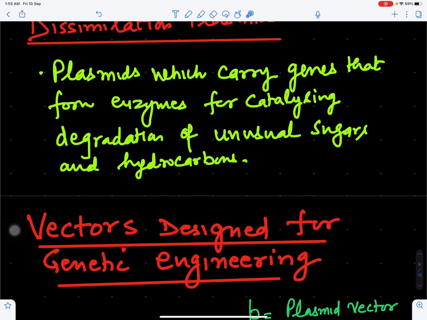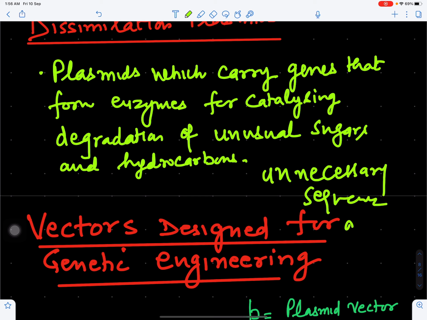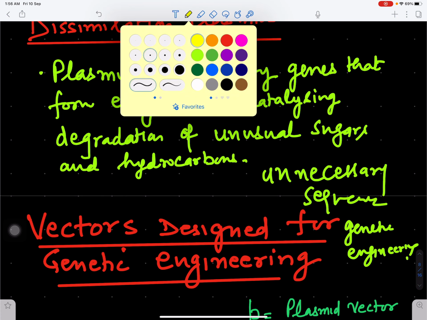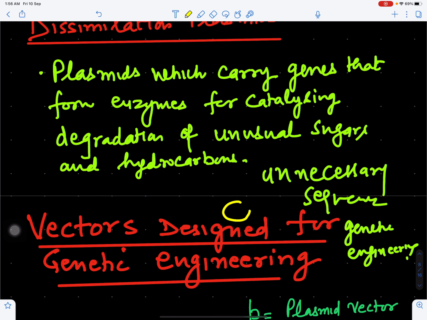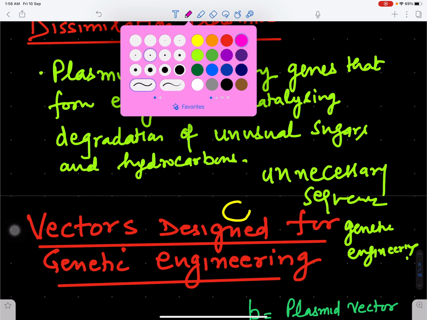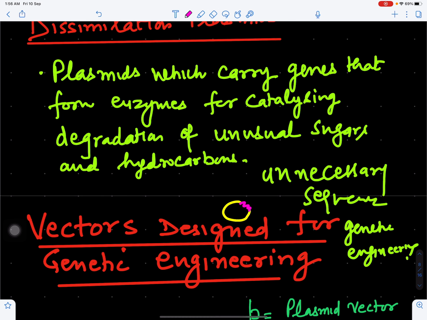Now these plasmids which we have discussed have a lot of unnecessary sequence which is not required. We are talking about genetic engineering, right? We want to add our gene into the plasmid. Supposing this is the plasmid and we want to insert a foreign DNA into it.